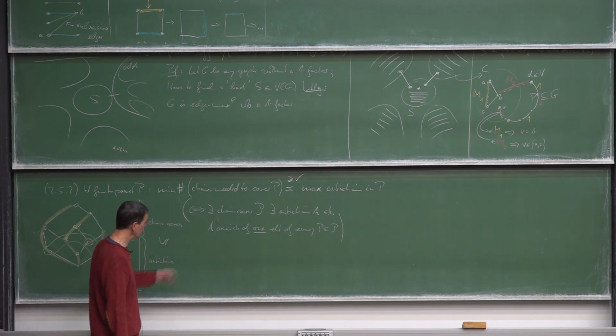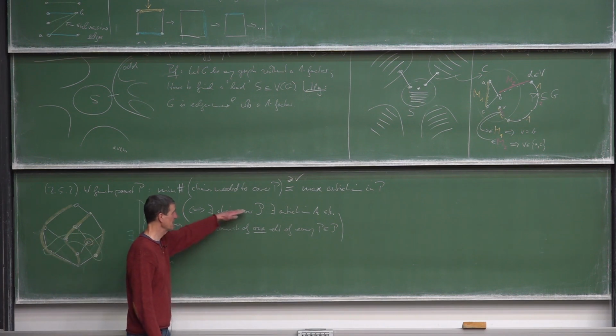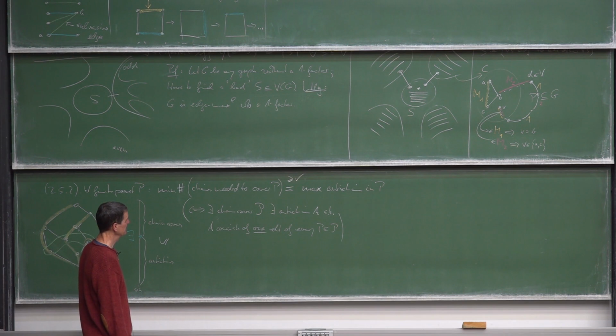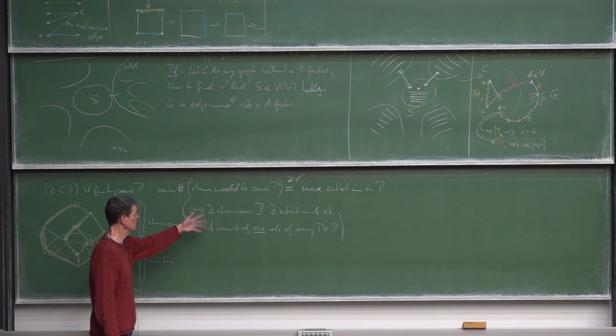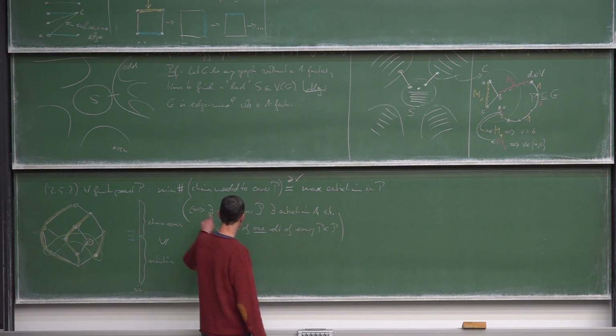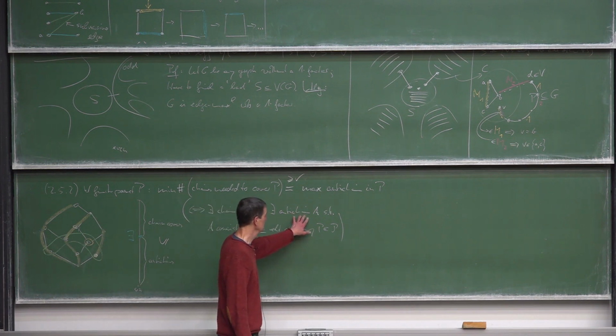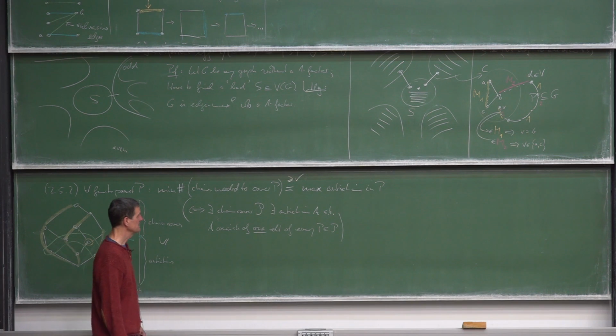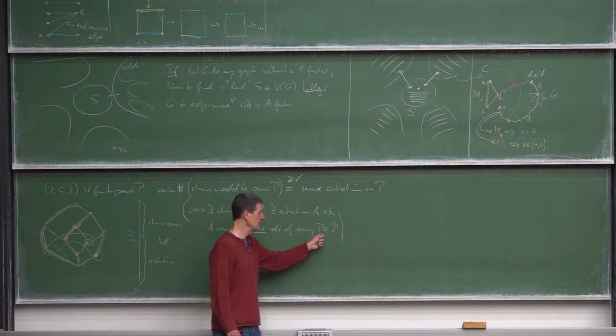You can't have more elements in your antichain than you have chains in the cover, but you need one from every chain. And conversely, this structural statement obviously implies this, because if you have such a chain cover, and an antichain that picks exactly one element of every chain of the cover, then obviously these cardinalities are the same.